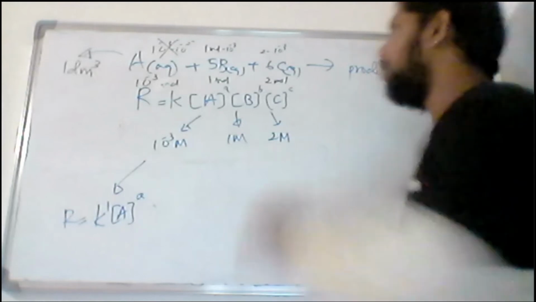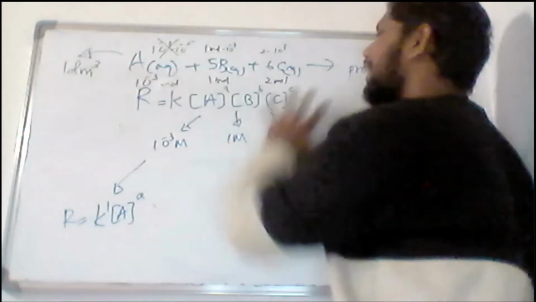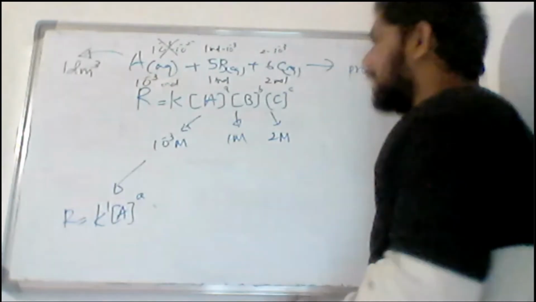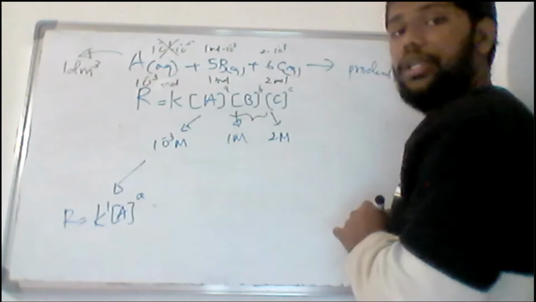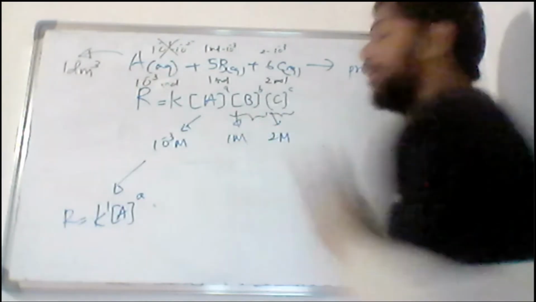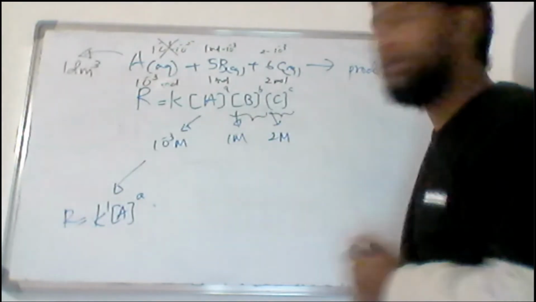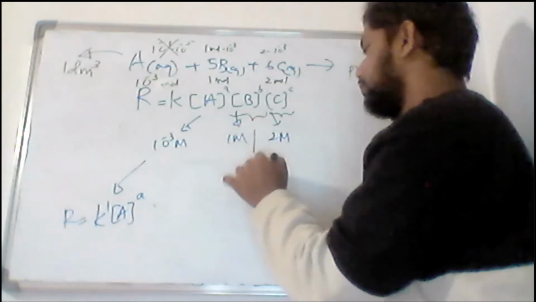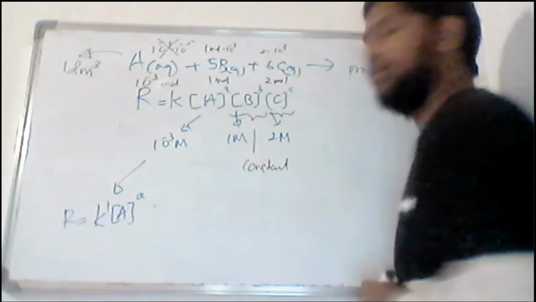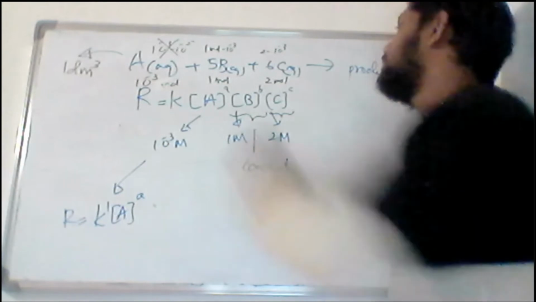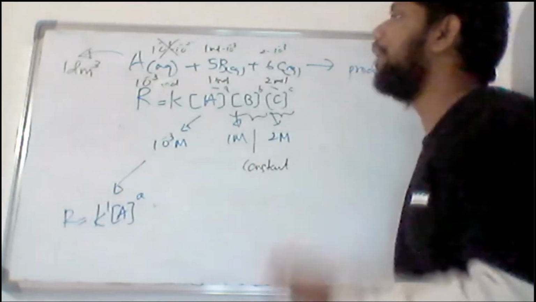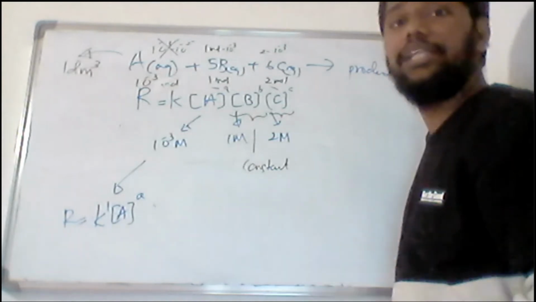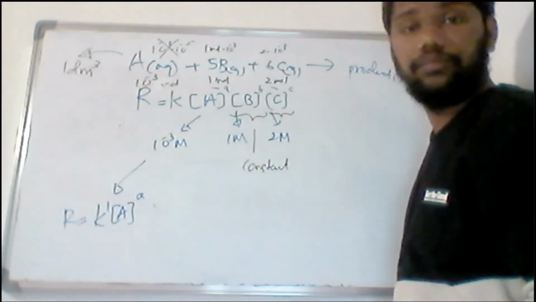Okay. So what you can do in that case is assume the concentration of B as well as the concentration of C to be constant. Why is this constant? There is an excess amount of B and C. When A reacts, the concentration change is negligible.